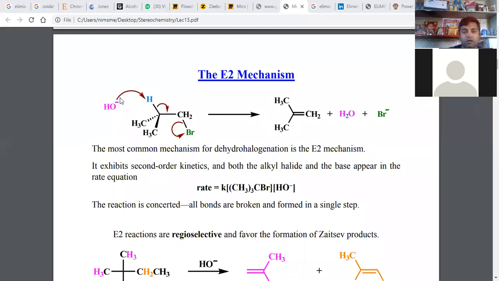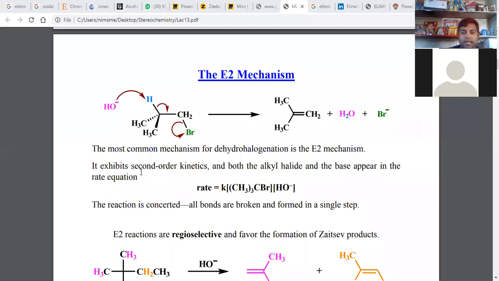The base, hydroxide ion, abstracts the hydrogen present on the beta carbon. This is the alpha carbon, then this is the beta carbon. So this hydrogen is abstracted by the base, the halogen gets removed and it forms a pi bond. So this is dehydrohalogenation.